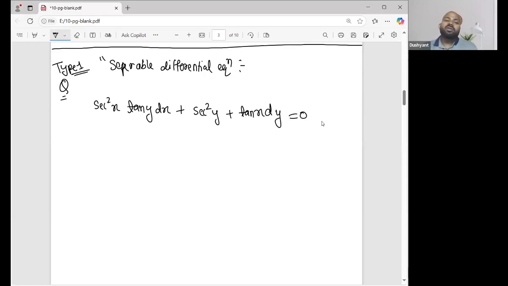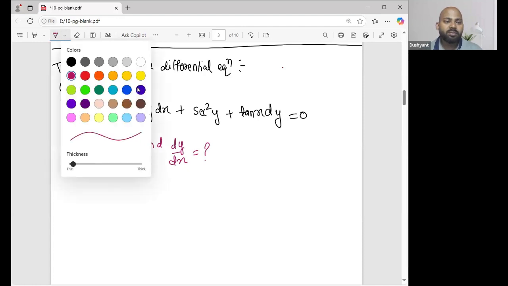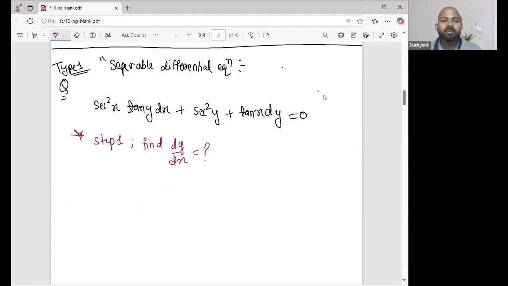This is my differential equation, and I need to solve this by the separable differential equation method. First of all, the very first step will be to find dy over dx.